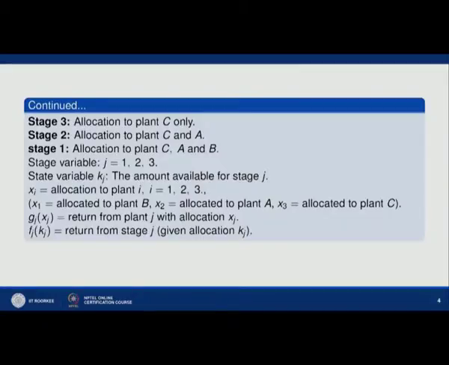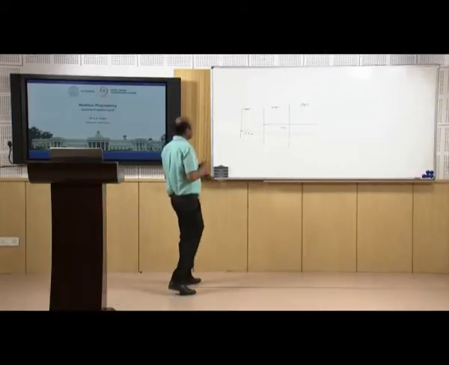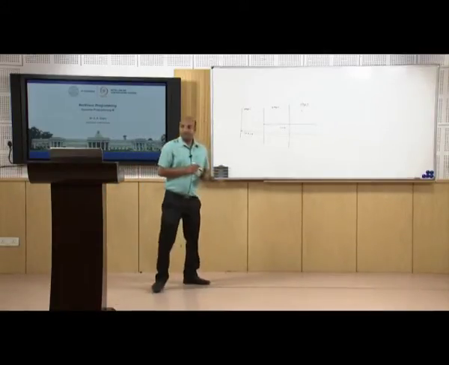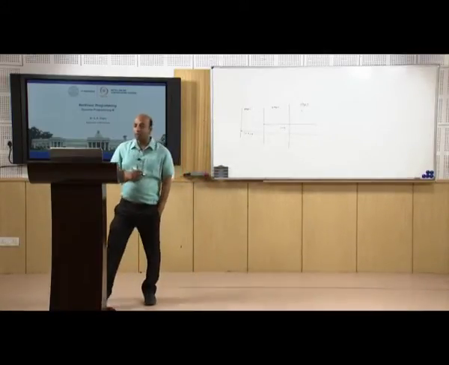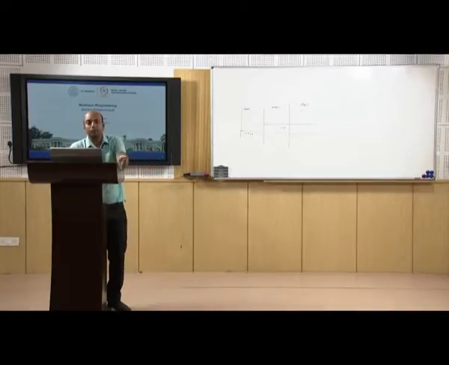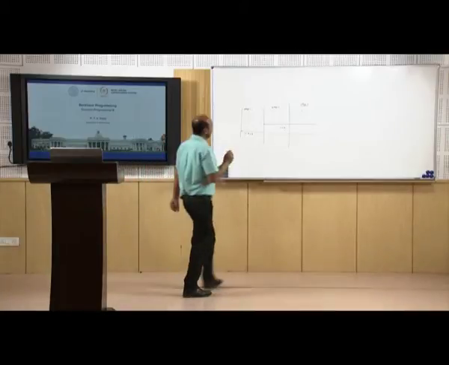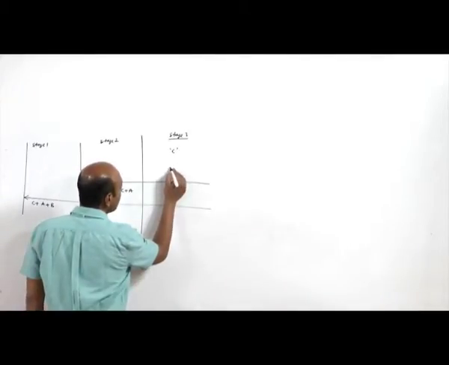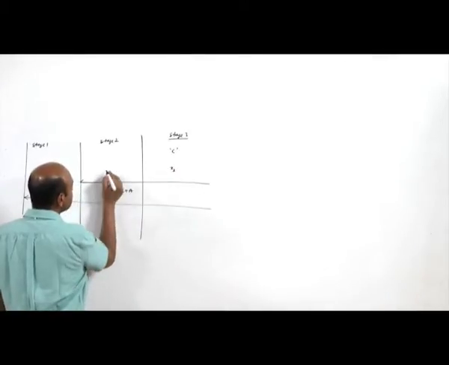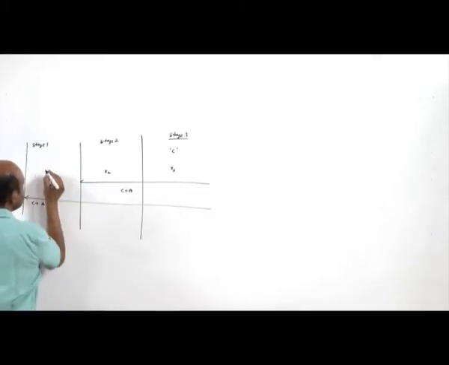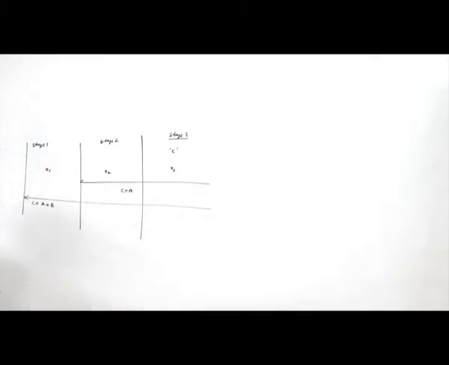X1 is allocated to plant B, X2 is allocated to plant A, and X3 means allocation to plant C. So how much is allocated to plant C is X3, to plant A is X2, and X1 is allocated to plant B.